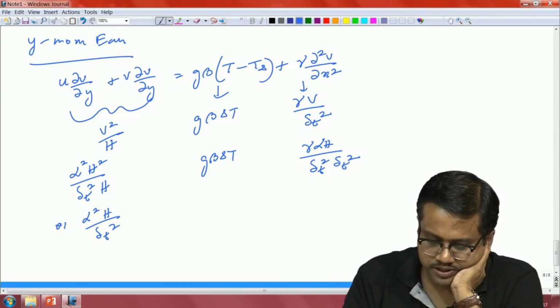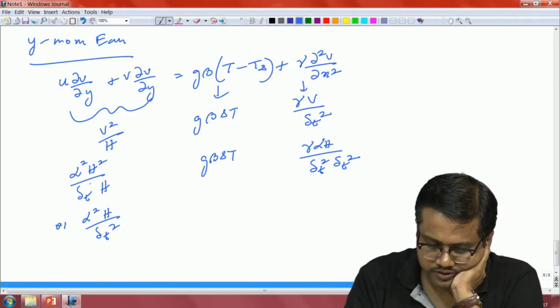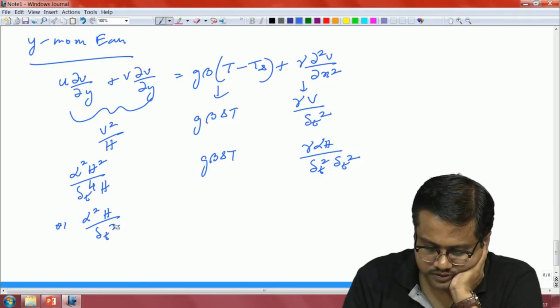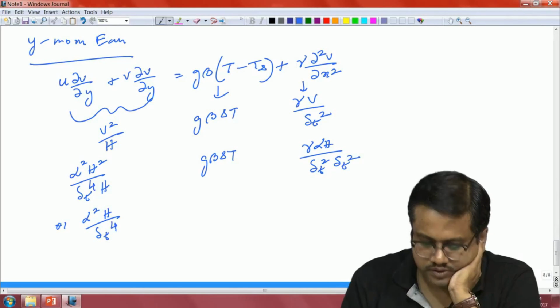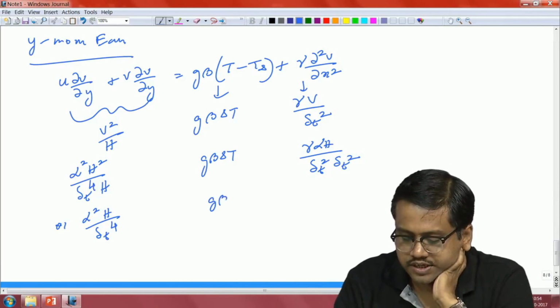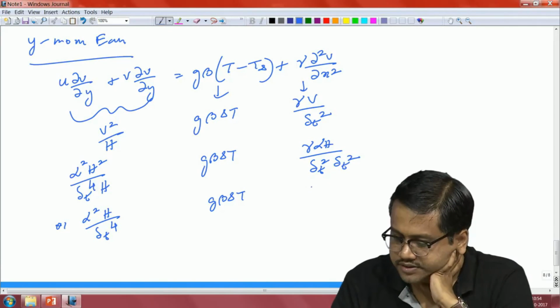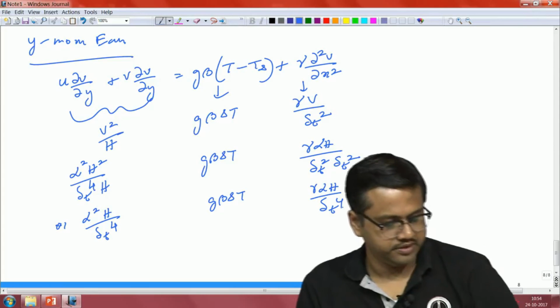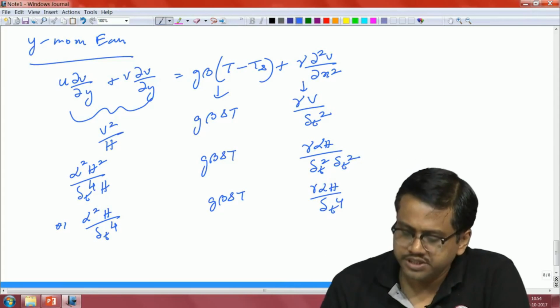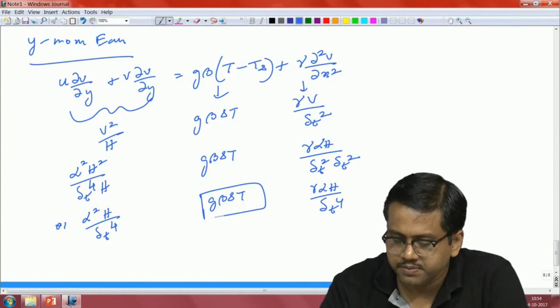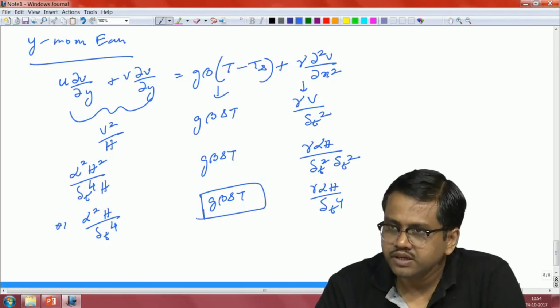Sorry, this will be delta t to the power of 4, because this is g beta into delta t. This is gamma alpha h by delta t to the power of 4. So, what we do is divide everything out by this particular term.